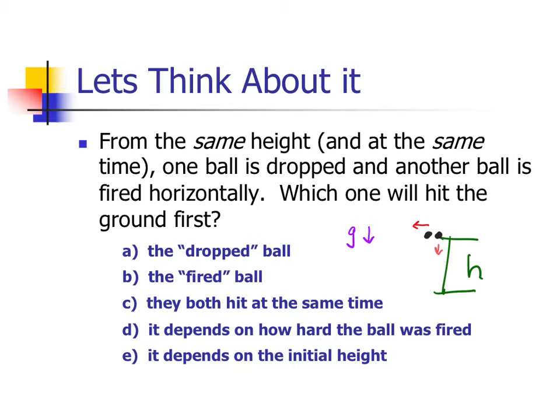Gravity is still affecting both objects equally. They both fall at the same rate, meaning they both will hit the ground at the same time.